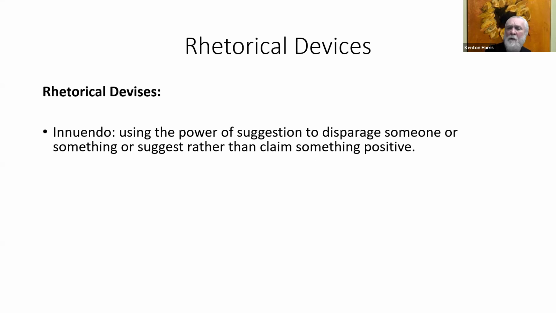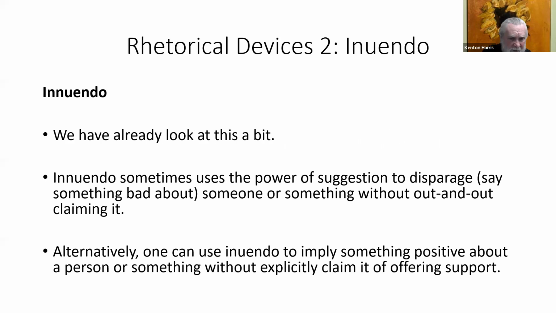Innuendo, using the power of suggestion to disparage someone or something, or to suggest rather than to claim. So we anticipated innuendo in one of the earlier rhetorical devices, one of the first five. We've already looked at it a bit. Innuendo sometimes uses the power of suggestion to disparage, that is, to say something bad about someone without coming out and claiming it.